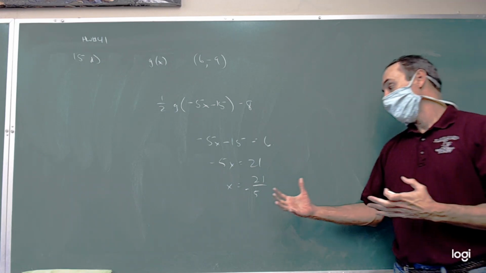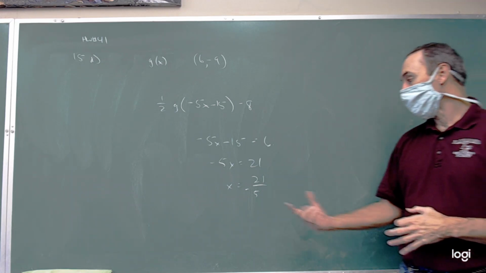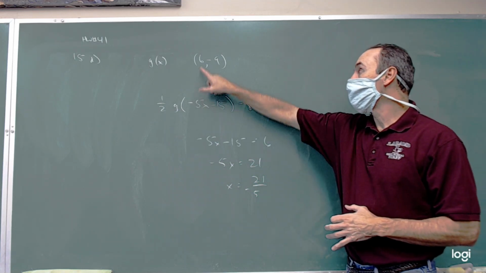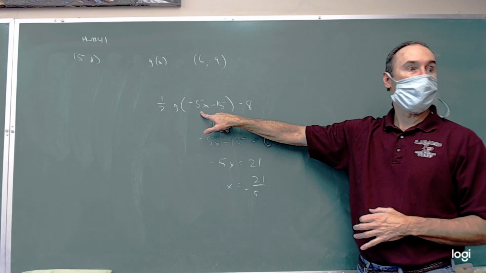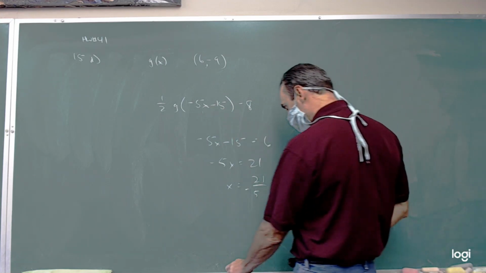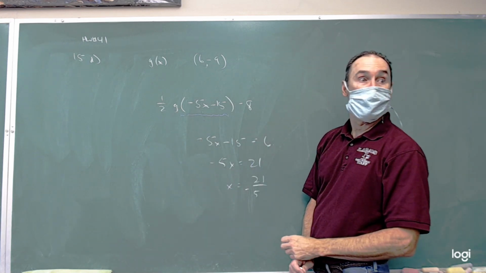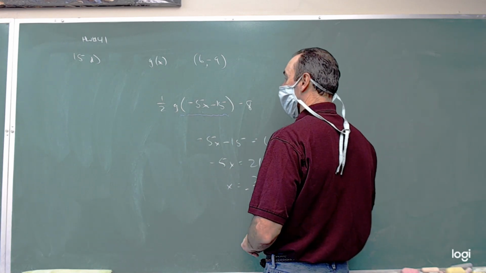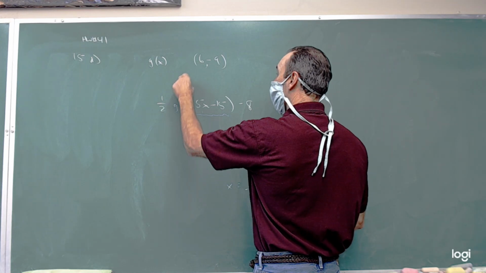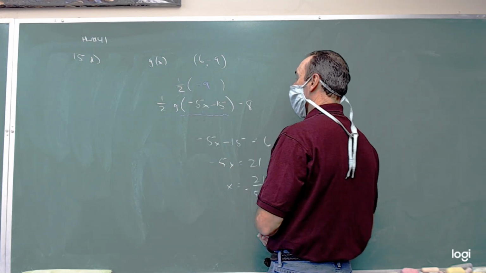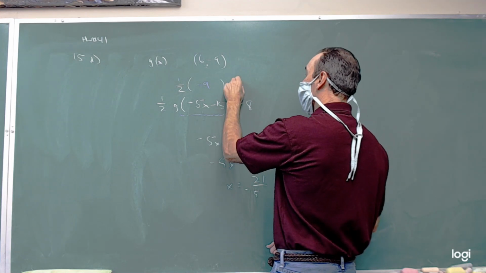It is messy, but once we plug it in there, we're evaluating g of 6, which makes this part a negative 9. Then 1/2 times that is negative 9/2, and then minus 8.